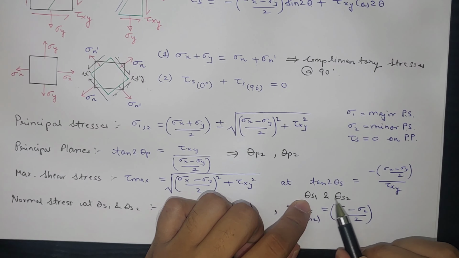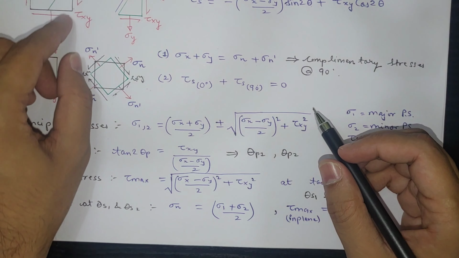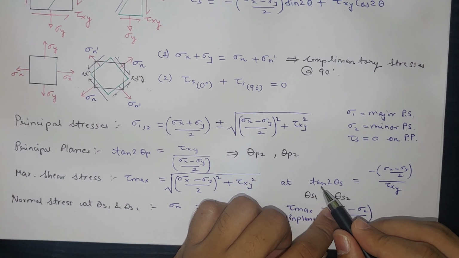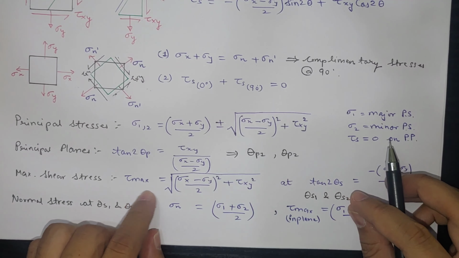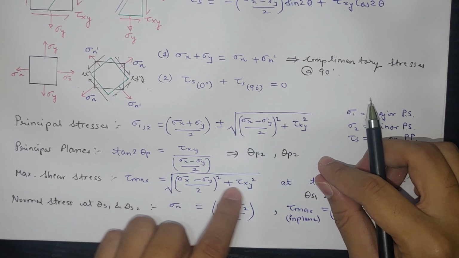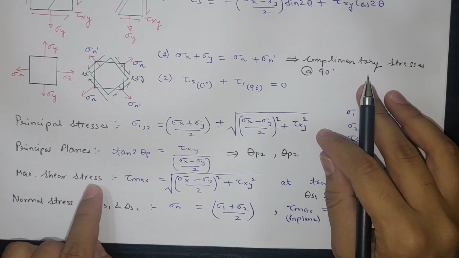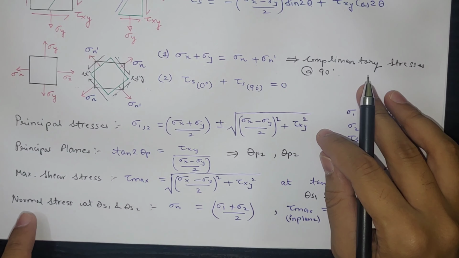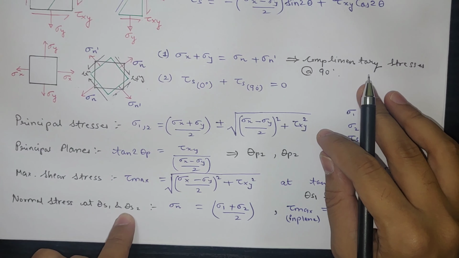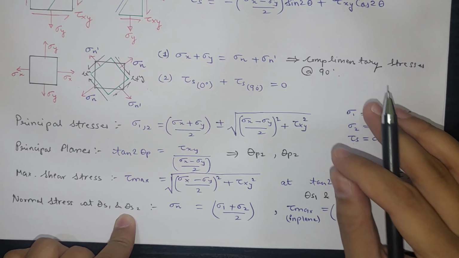On these planes at theta s1 and theta s2, we have maximum shear stress. Now on principal planes the shear stress is 0, but on the planes of maximum shear, normal stress is present. This is the normal stress at theta s1 and theta s2.